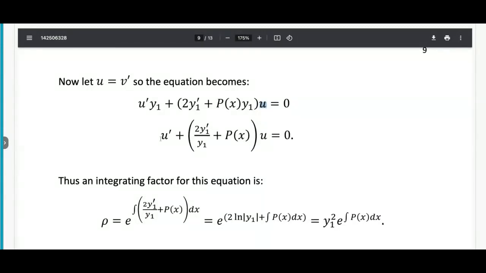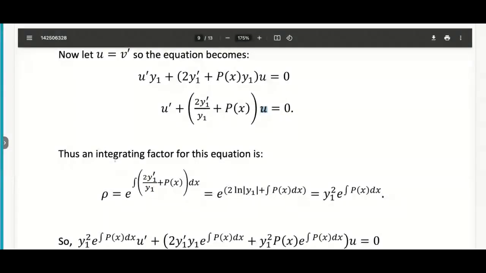Remember this kind of equation, something prime and something itself, right? We have a u prime and a u equals 0. So we can use the integrating factor for this equation, right? The integrating factor rho is e to the integral of this.